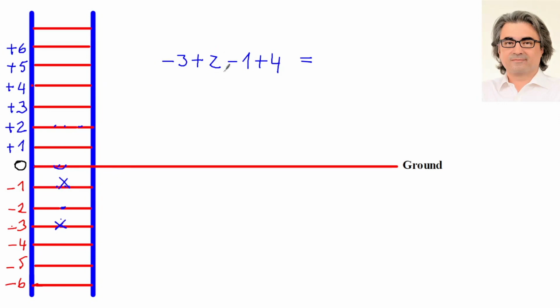After that, the next number is minus 1. It means go down a step from where you are. You will reach here. Don't forget your last position. Then the last number is plus 4. It means go up from your last position. 1, 2, 3, 4. You will reach finally here.